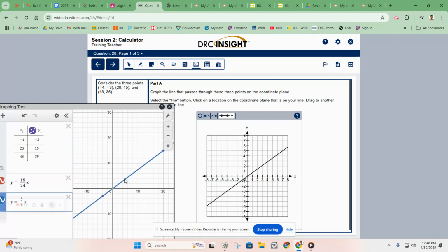Let's see if I can find a whole number here, a nice pretty point. 8, 6. I want to check and see, is this at (8, 6)? It's actually a little bit below. Let me see if I can get this line to be a little bit more accurate. I'm going to start at (-4, -3) and go up 3 over 4.